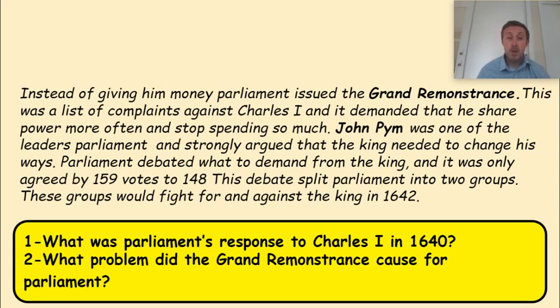Parliament debated what to demand from the king, and it was only agreed by 159 votes to 148. This debate split Parliament into two groups. These groups would fight for and against the king in 1642.